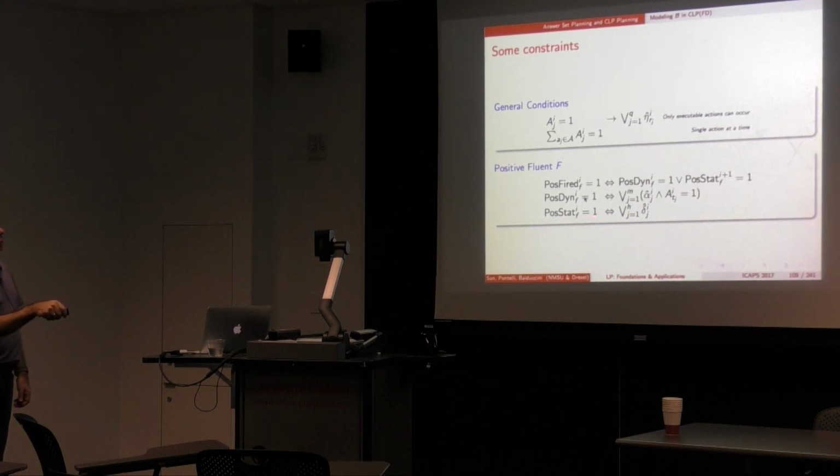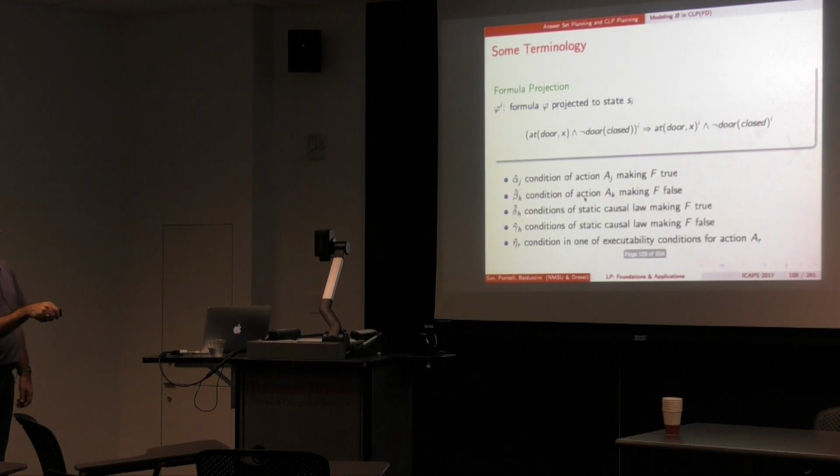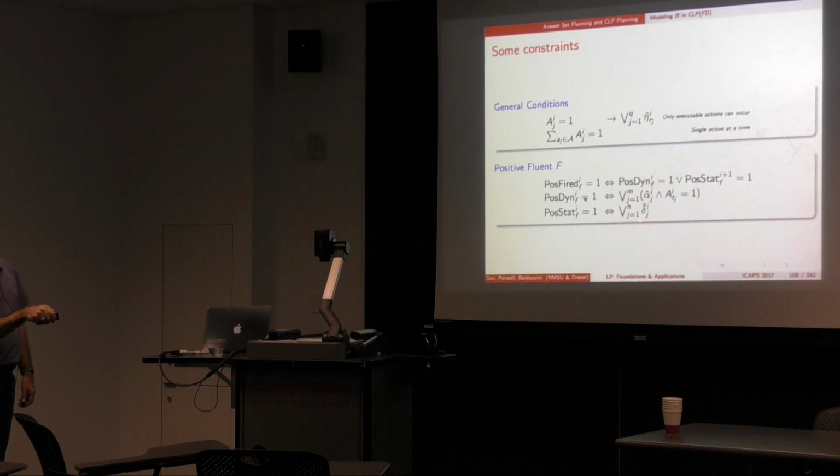So this actually is the condition for the static causal laws. We make the static causal law for f true if one of these constraints holds, and these, if you remember, are the constraints for the static causal laws. So if one of the constraints is true that makes the fluent true at that particular time, this one is instead the firing of one action that makes the fluent true.